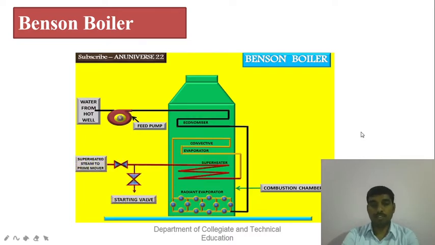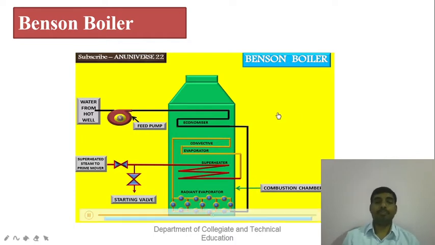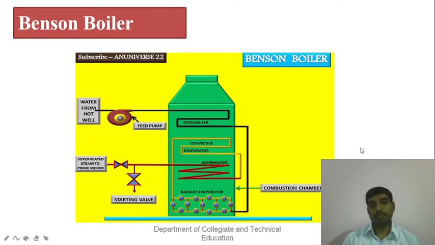Next is the superheater, or convective superheater. This is the last chamber of the boiler. The saturated steam passes through this chamber, which increases its temperature, and this superheated steam at about 650 degrees Celsius is taken out for industrial work.